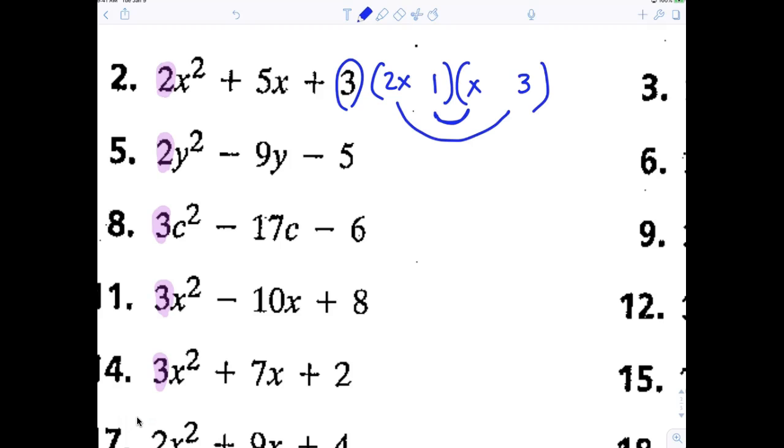I can make 5x with 1x and 6x if the 6 is positive and the 1 is negative. But why is that wrong? The reason it's wrong is because the negative 1 times the positive 3 would give me negative 3. That is why. So that is incorrect.